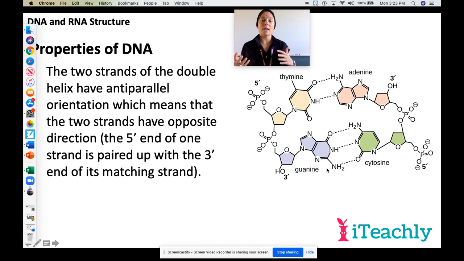And so that's why these being anti-parallel, one being in one direction and the other in the other direction, that 5' to 3' and the 3' to 5' is so important. It allows those bases to bond together. And again, creating an anti-parallel structure.